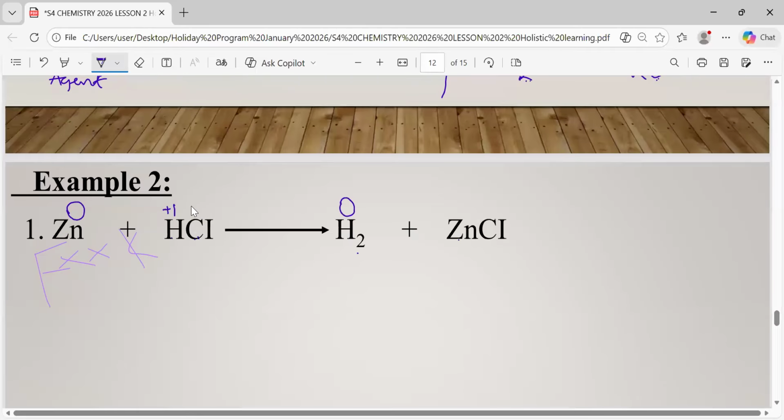For halogens, we said it is what? Since chlorine is a halogen, that is group 7, it becomes -1.